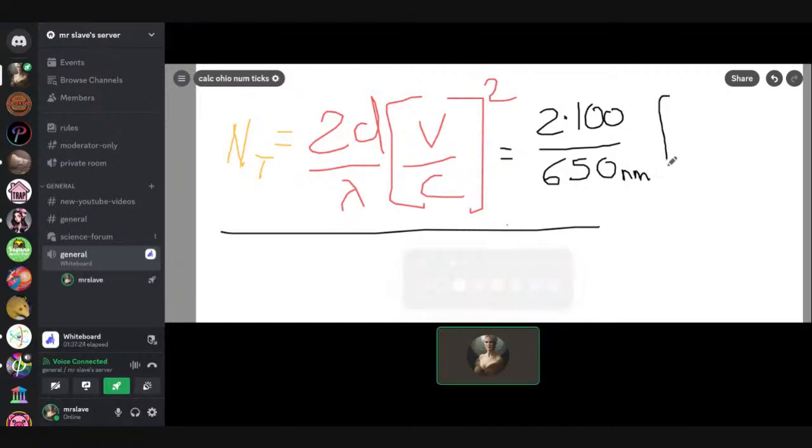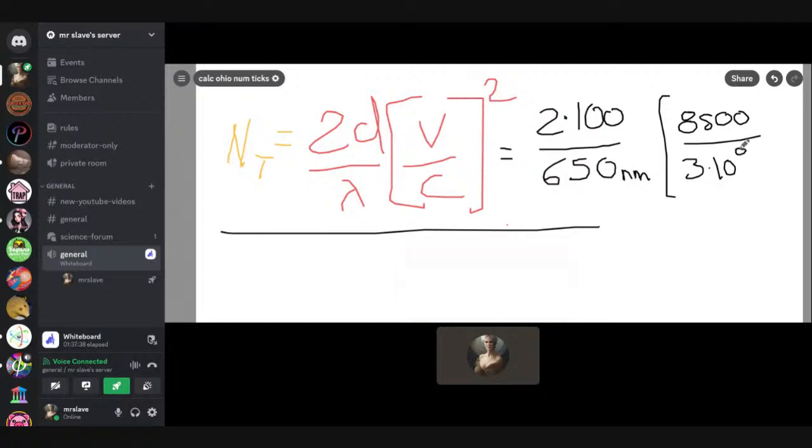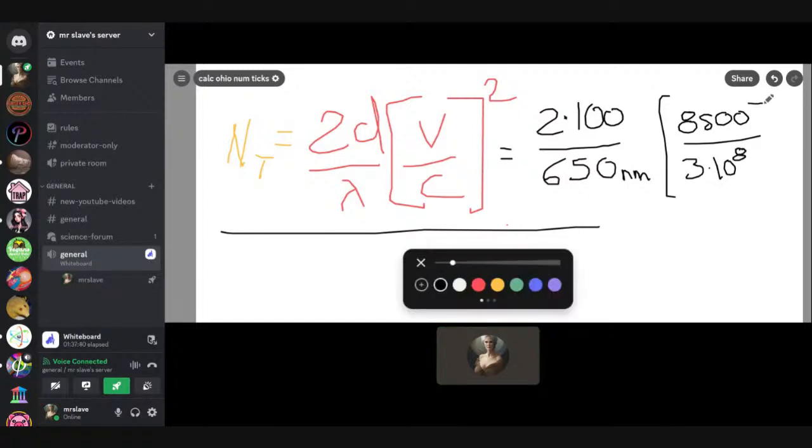V over C is about 8,500 over 300 million, 3 times 10 to the 8th, squared. That should give you the number.